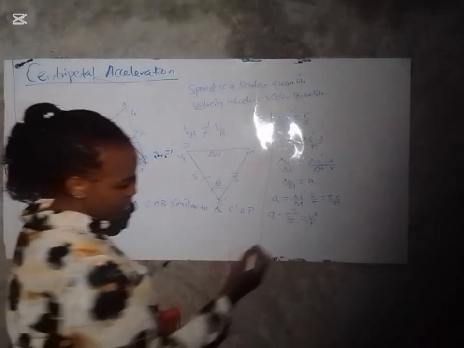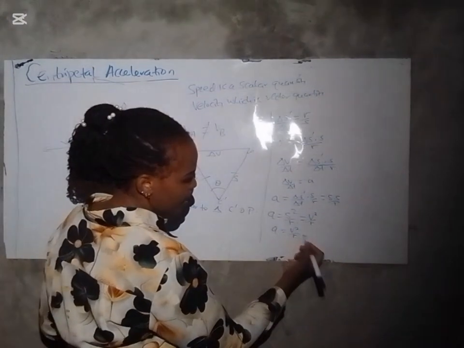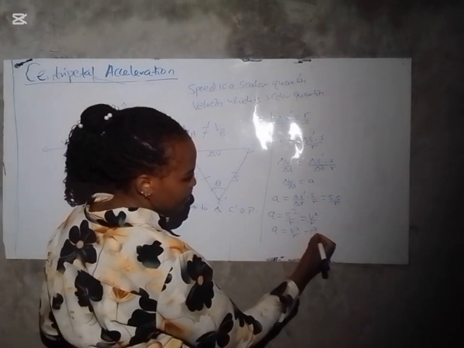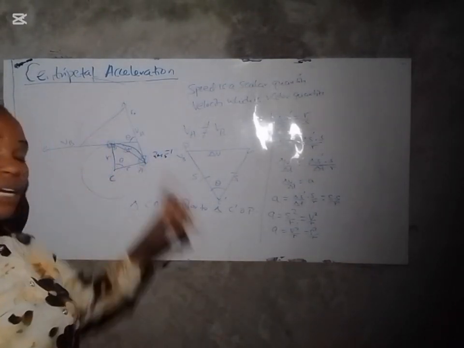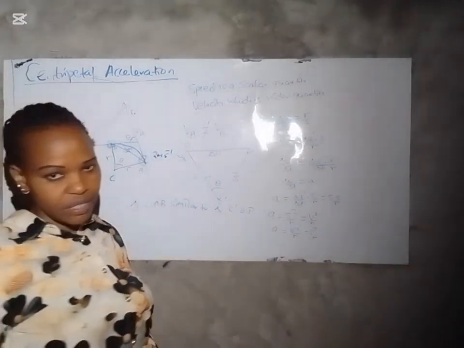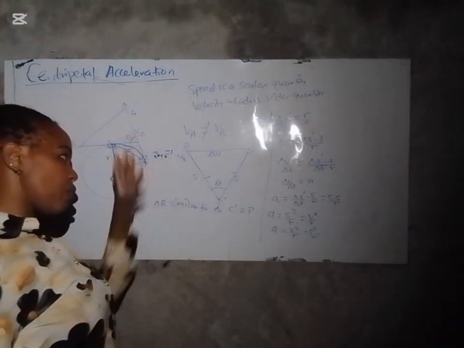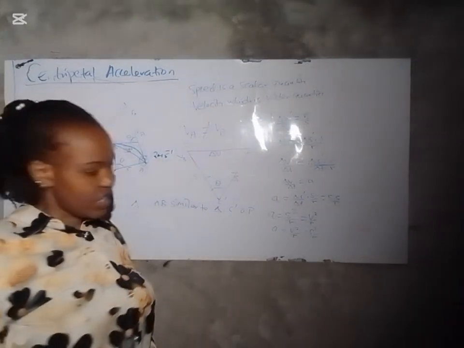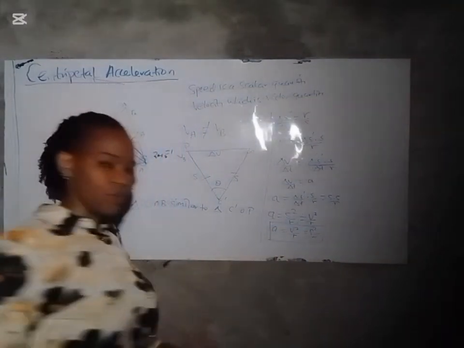And so the acceleration in a circular path is simply v squared over r, or simply s squared over r. Why s? Because the speed round the circular path is constant, but the velocity is not constant because the direction of the object keeps on changing. And so we have derived the equation for acceleration.